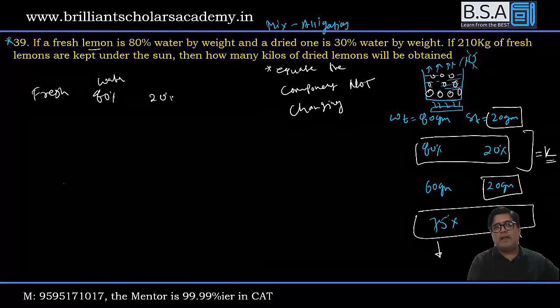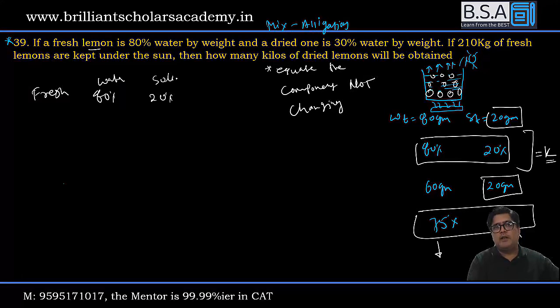It will have 20% solid. I can use the word solid or the word pulp. It will have 20% pulp in it. Now we are saying it was kept under sun, so it was dried. Now water is 30%. So solid will be 70%.